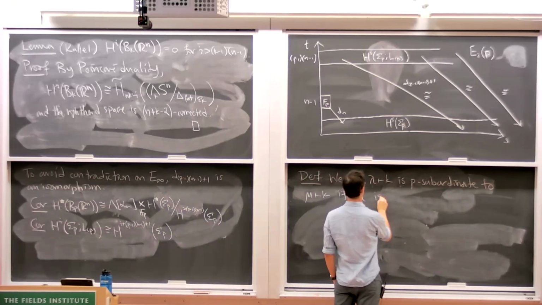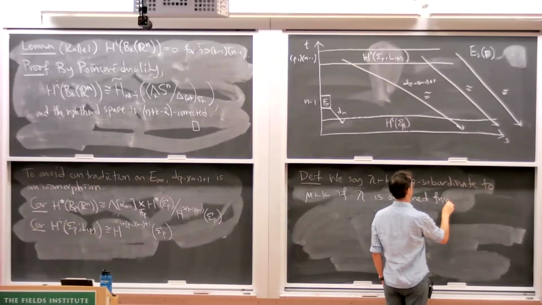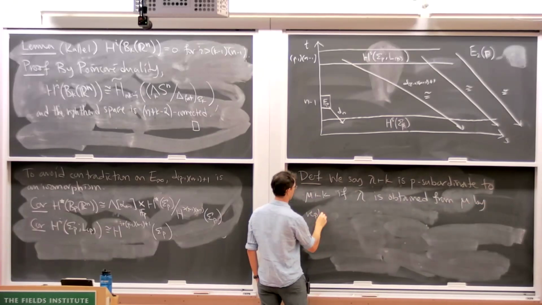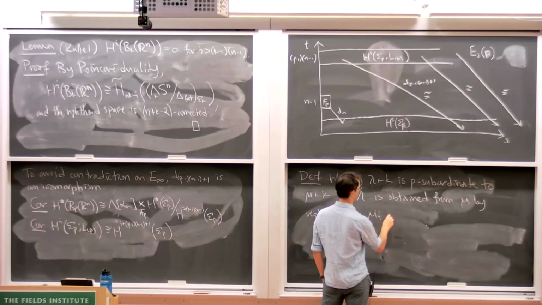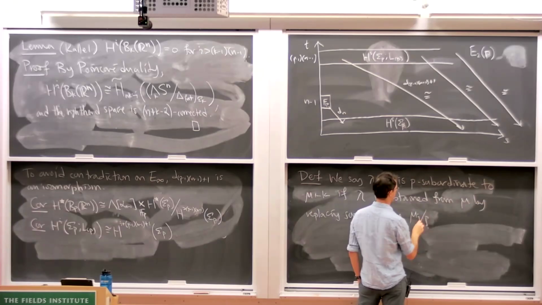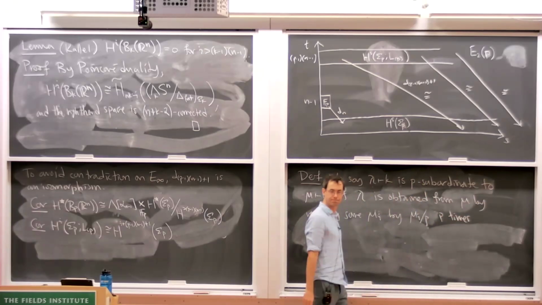So if lambda is obtained from mu by replacing some block mu_i by mu_i divided by p, p times.